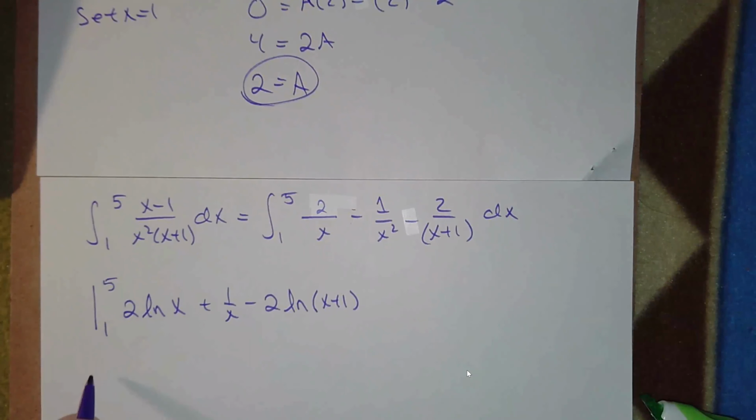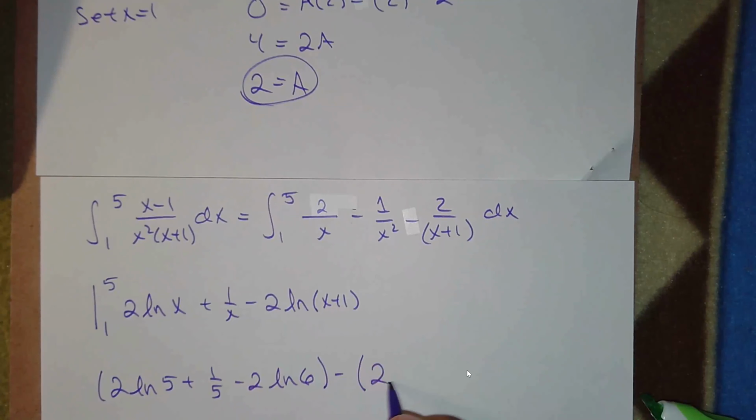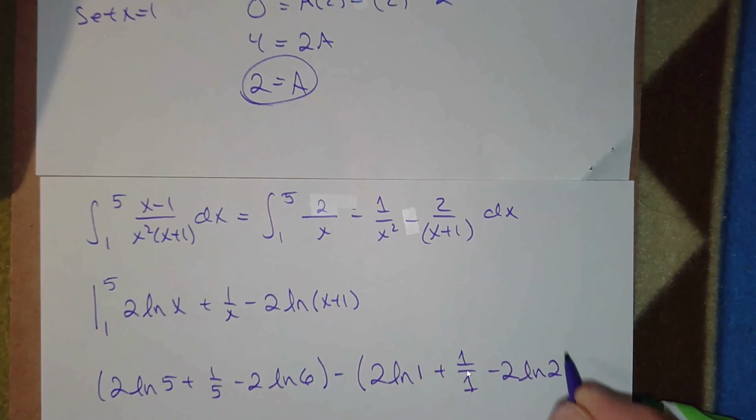Plugging in the upper limit is going to be 2 ln of 5 plus 1 over 5 minus 2 ln of 6, minus 2 ln of 1 plus 1 over 1 minus 2 ln of 2.